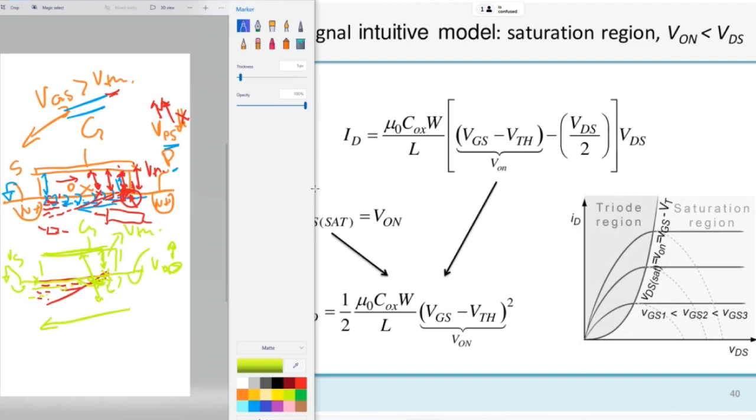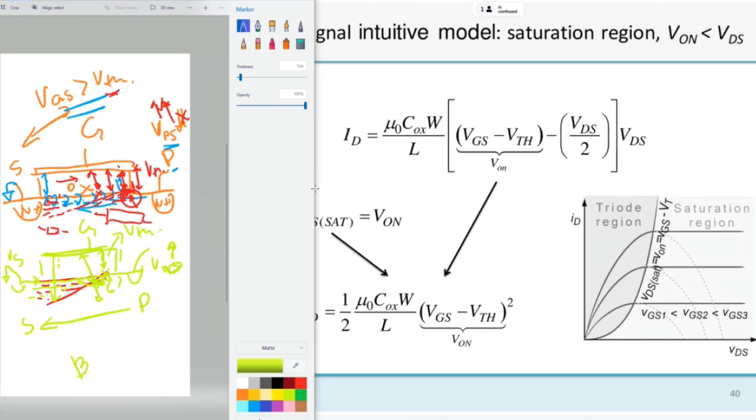So the difference between the behavior of electrons within the channel and outside the channel is that here all the electrons are contained within the channel, because the dominant electric field is the vertical electric field from the gate to the bulk. This electric field holds the electrons together. At this point, the horizontal electric field, the drain-source electric field, becomes dominant and pushes the electrons into the drain in an uncontrolled manner.